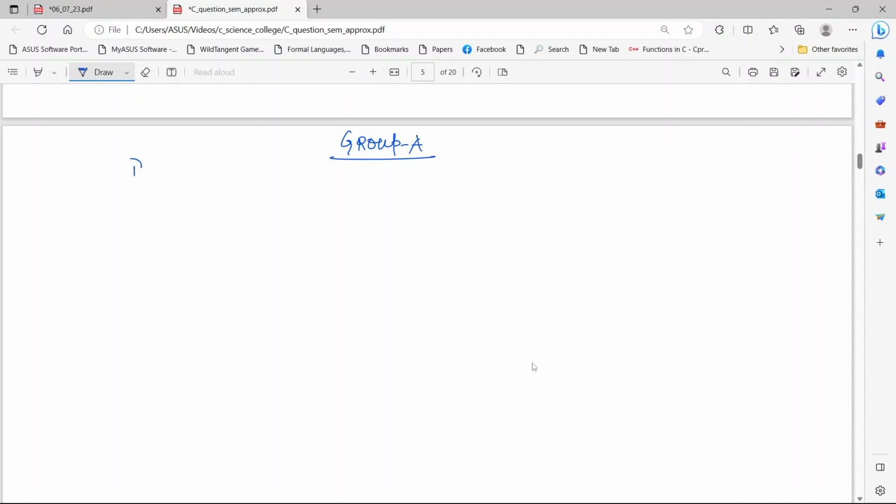That means the first question will come from the output of printf and scanf. Output given by printf and scanf. You already know in the class, I think I did it.